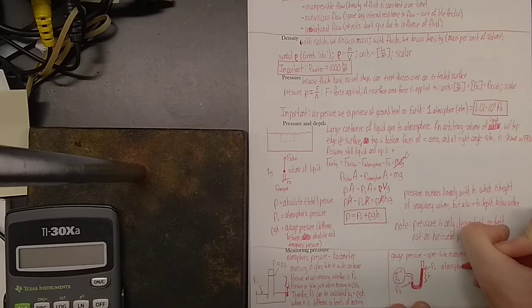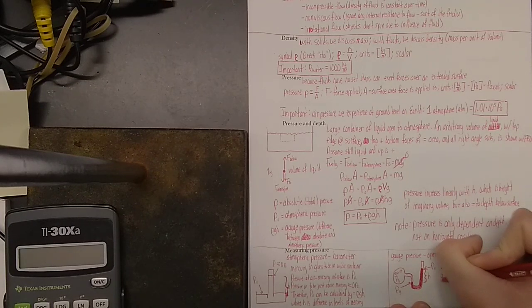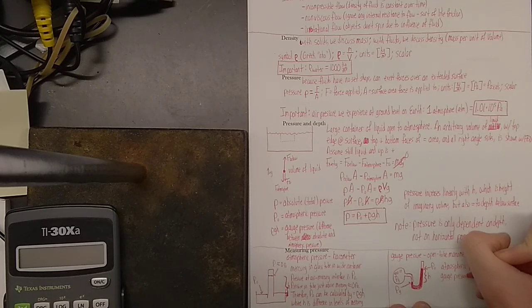We have atmospheric pressure at the top of the tube. We have the gauge pressure, the pressure not due to the atmospheric pressure, at the gas/liquid interface.